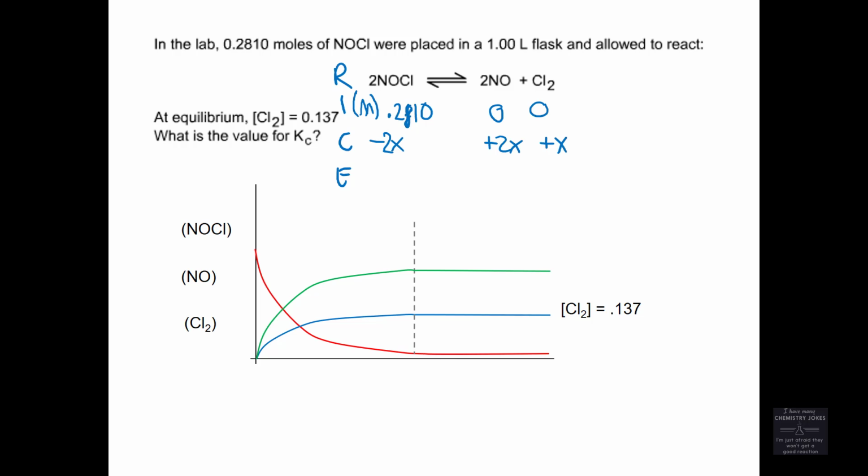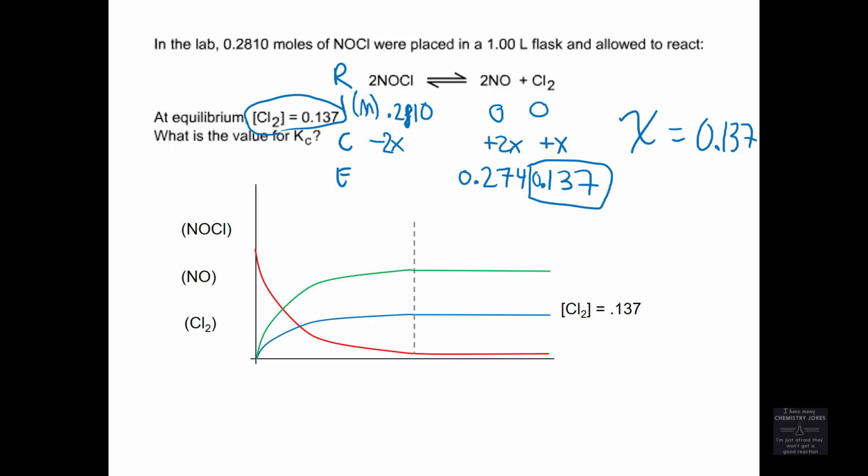Okay, that's all we've been told in our first sentence. But then, this is helpful. The equilibrium concentration of Cl2 is 0.137. So that really means x equals 0.137. So 2 times 0.137 is 0.274.